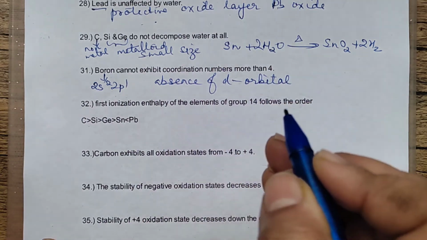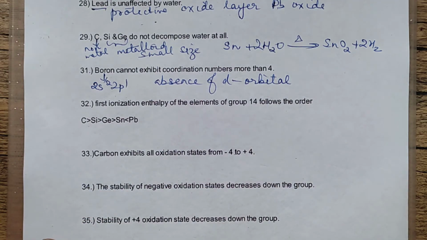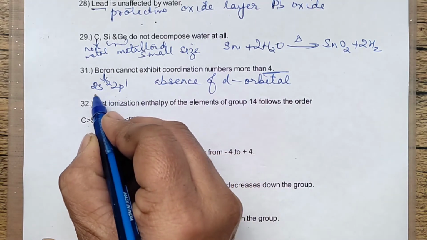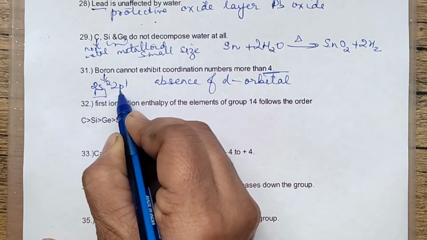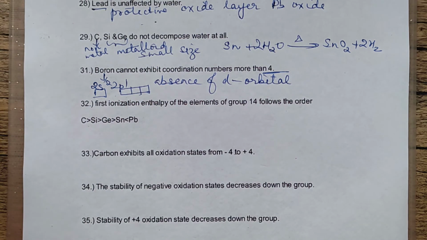Boron cannot have more electrons taken from the surroundings. So the maximum coordination number it can have is 4, wherein you have 1 orbital in 2s and 3 orbitals in 2p, so put together only 4. So it cannot have more than 4, but the other elements in the same group can have up to 6 also, because of the availability of d orbitals.